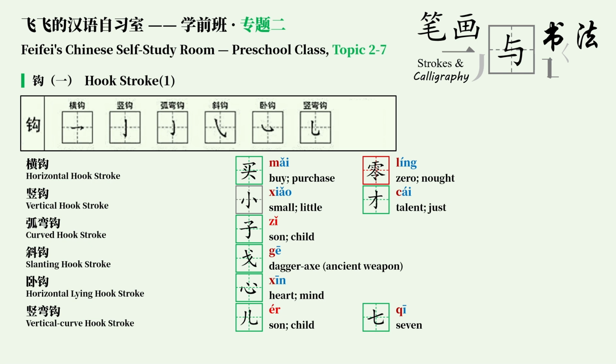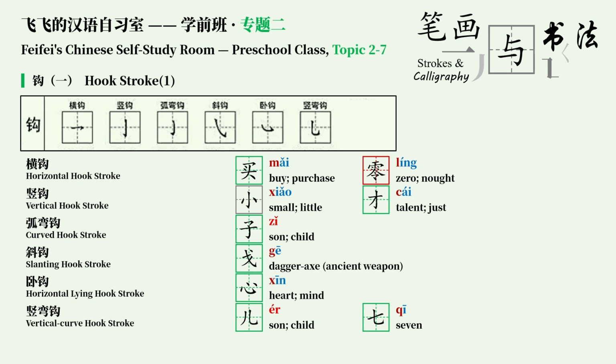Chinese characters have various structural types, such as left-right structure, top-bottom structure, semi-enclosed structure, fully enclosed structure, left-middle-right structure, and upper-middle-lower structure. When writing Chinese characters, we generally follow these rules.